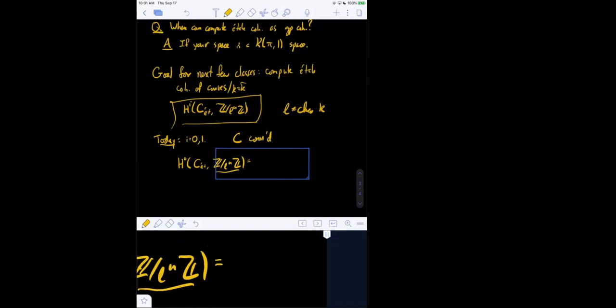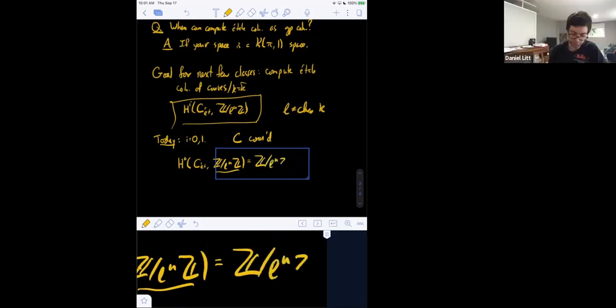Yeah, so we're just asking what the global sections of this sheaf are on a connected space. The definition of this sheaf was just maps into Z mod l^n Z, which is disconnected, a disjoint union of points. So a map from a connected space into it is just constant. It hits one of those points. Okay, so we've computed H^0.